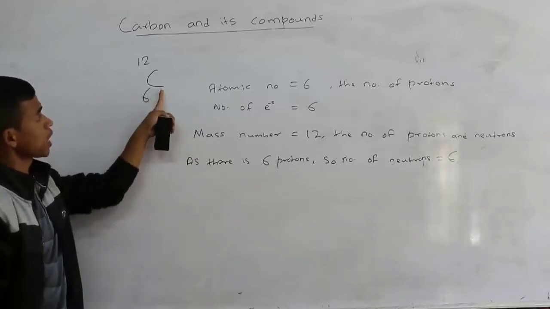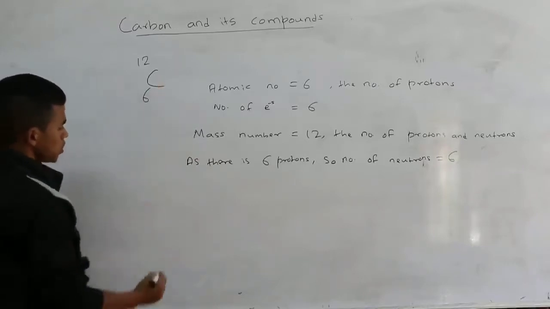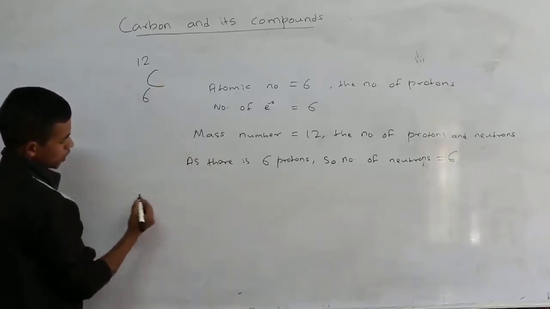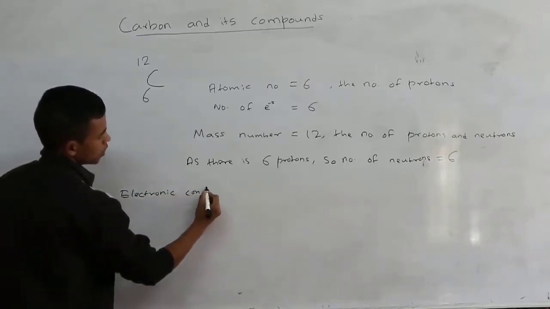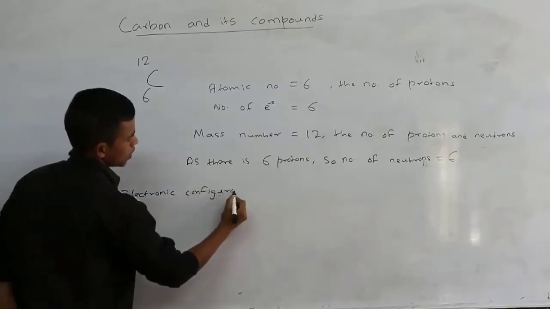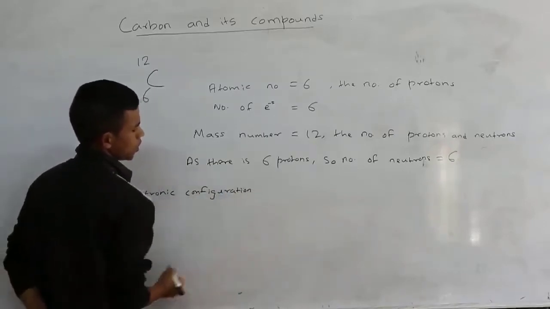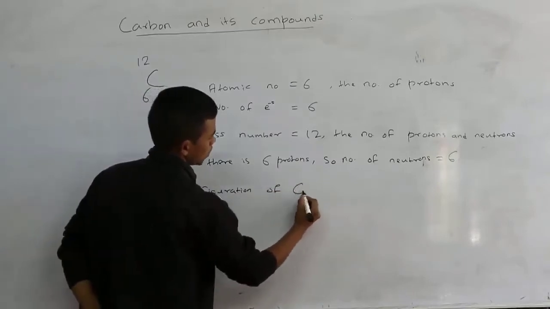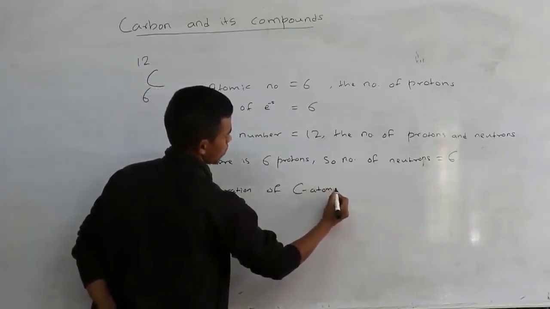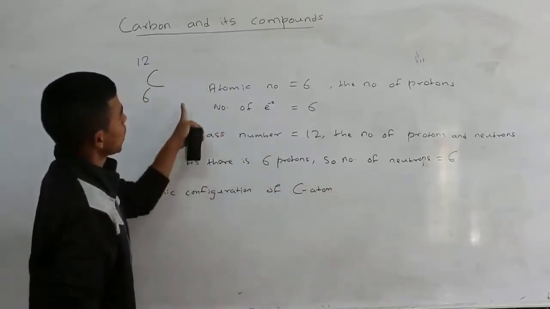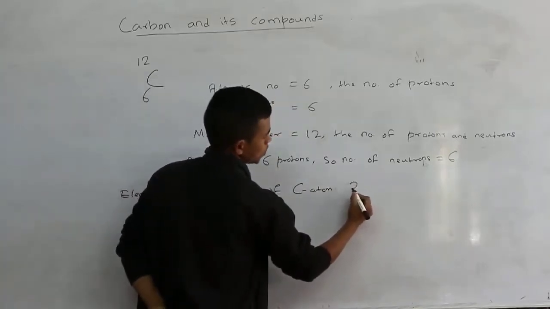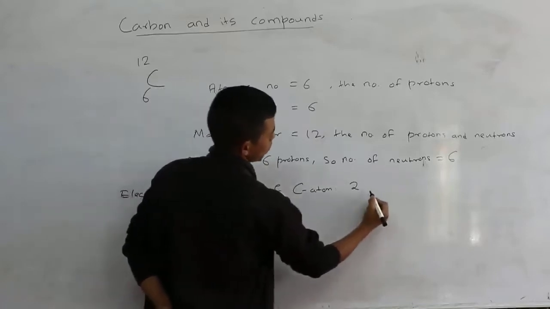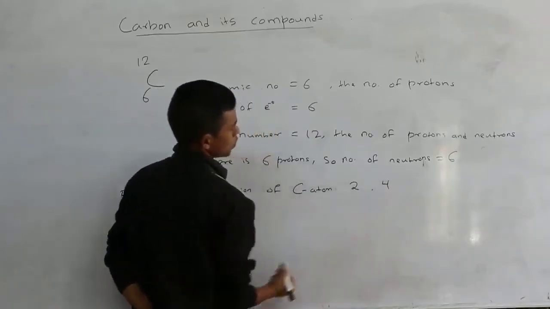Now let's represent carbon in the Lewis dot structure. First of all, let us write the electronic configuration of the carbon atom. It has atomic number 6, so the electronic configuration will be 2, and then 4, to get 6.